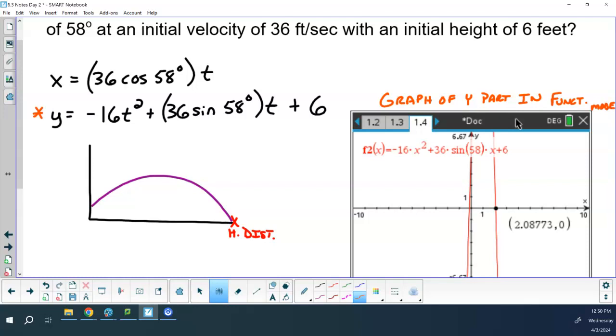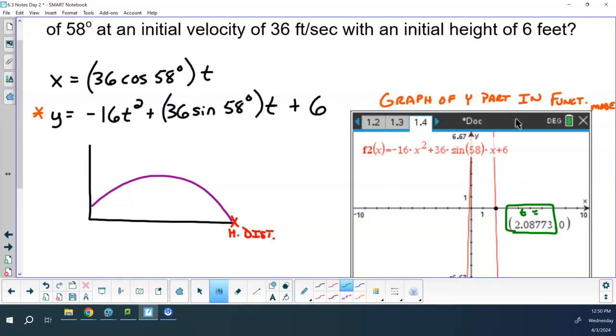Now that allows me then to solve for this 0, which then I can take this t value, because that's the time it takes the ball to land.